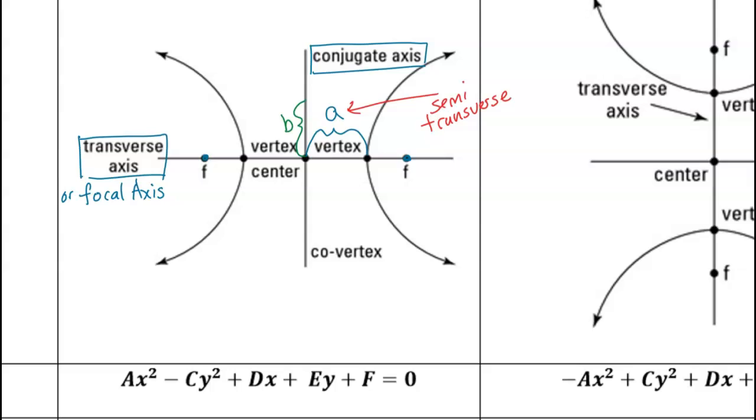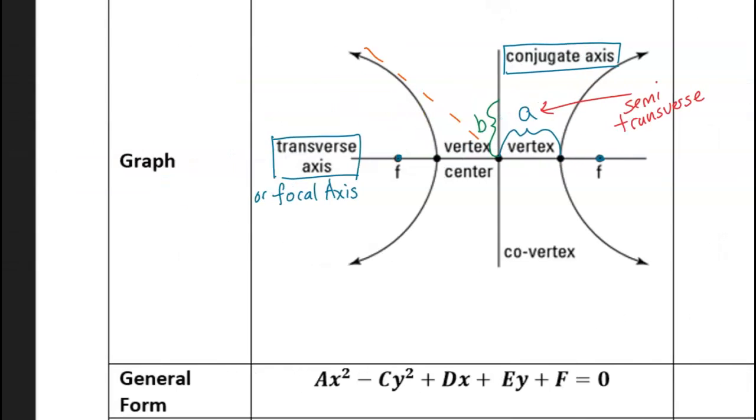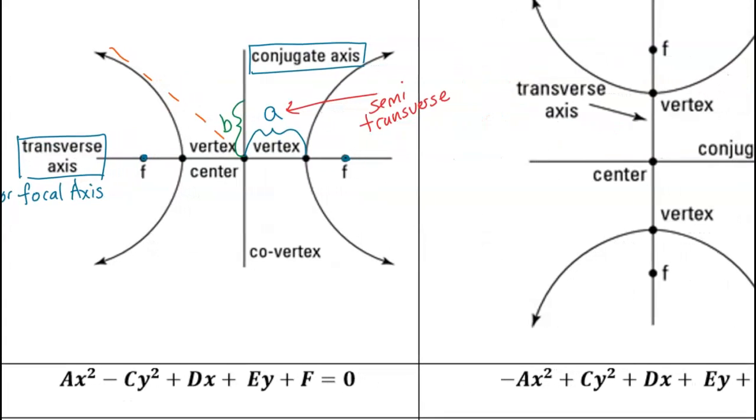All hyperbolas have two asymptotes that are like diagonal lines between the two sides of the hyperbola, the two parabolic shapes. So what I'm going to do right now, because the box is very important, is draw in your asymptotes. The asymptotes go through the center and go along the sides of your parabolic lines.